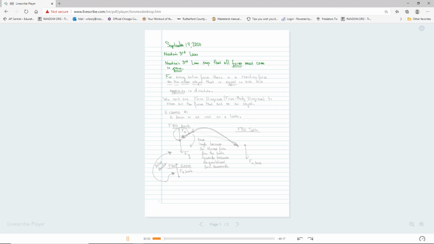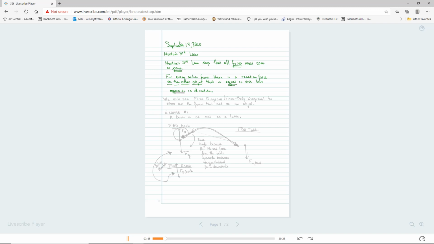So the way it should have been stated is, for every action force, there is a reaction force on the other object that is equal in size but opposite in direction.